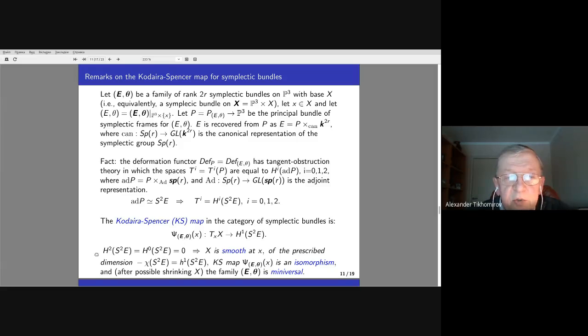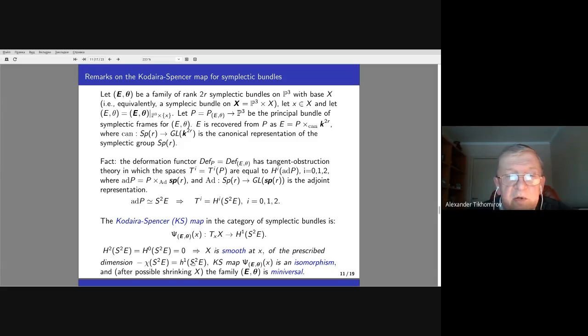Well, in particular, when the obstruction space H2 of this symmetric square and H0 vanish, then we know that X is smooth at x and has the prescribed dimension given by minus the Euler characteristic of S square of E, which is H1 of S square of E.